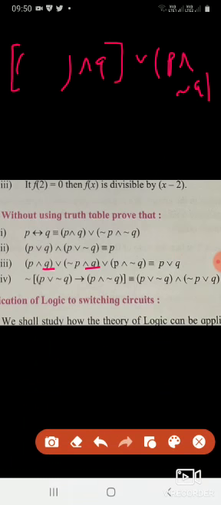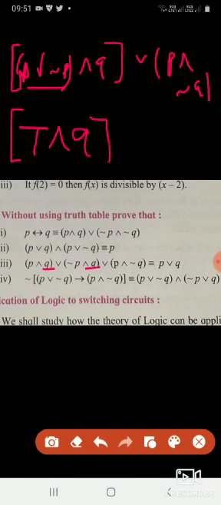So what will be in the bracket? P or negation of P. So it is distributive law. Then P or negation of P, a statement and its negation, so it is complement law. Next it is true and Q, or P and negation of Q. We get the next line this way, by complement law.